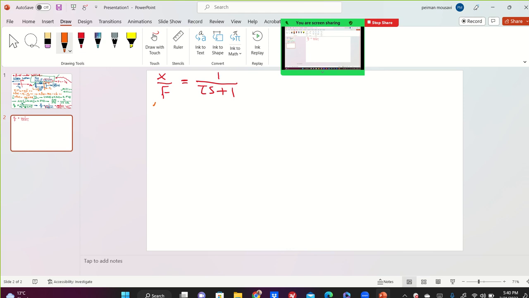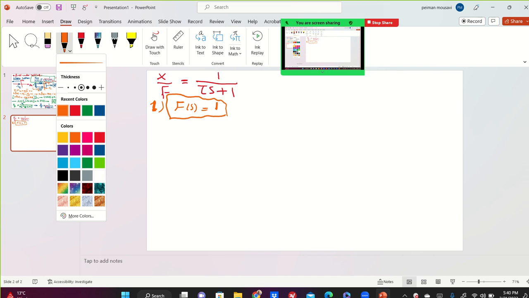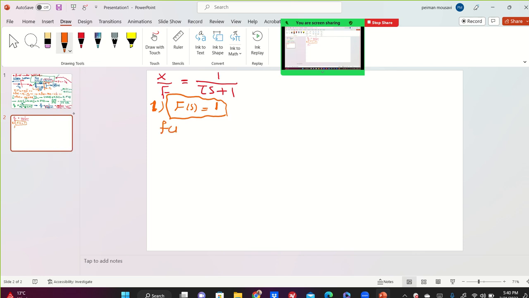The first input that I'm going to do is I say f of s is 1. So what does it mean in the time domain? What was the time domain input that I applied? It means f of t was how much? Delta of t. What is delta of t? Impulse, exactly.